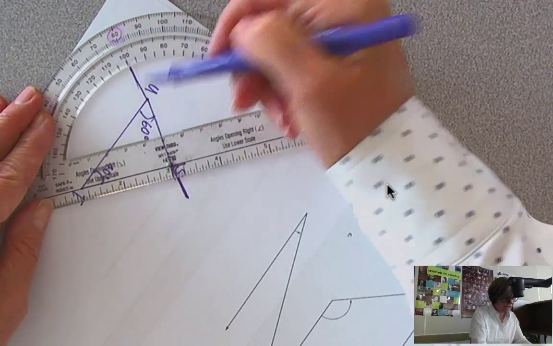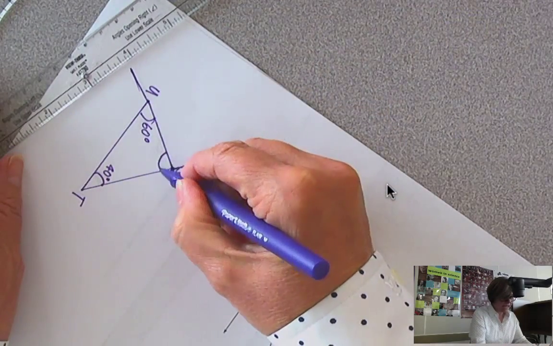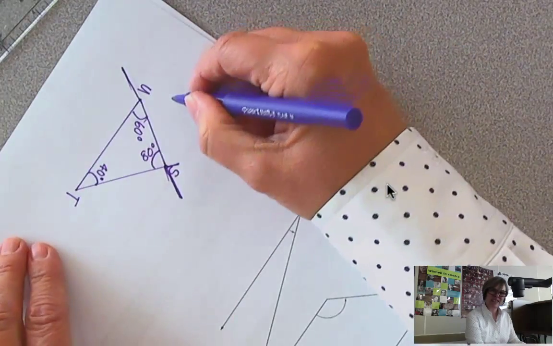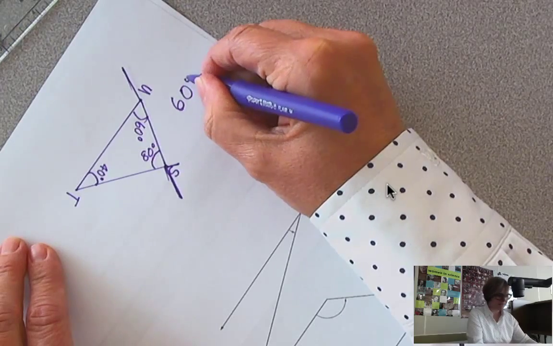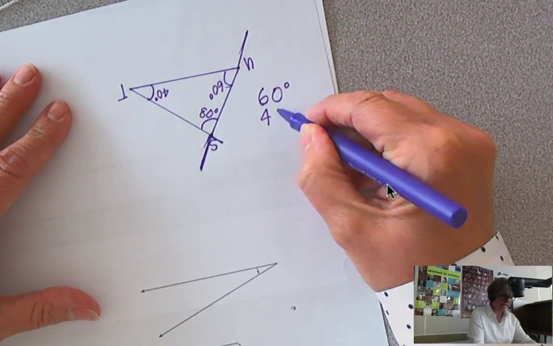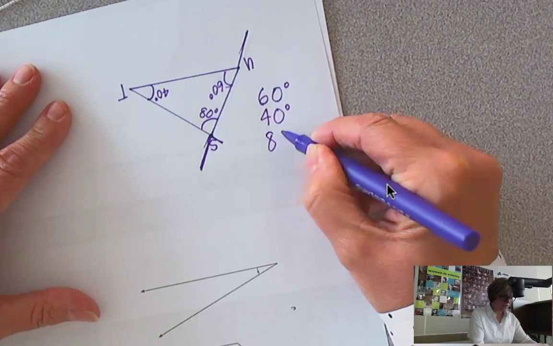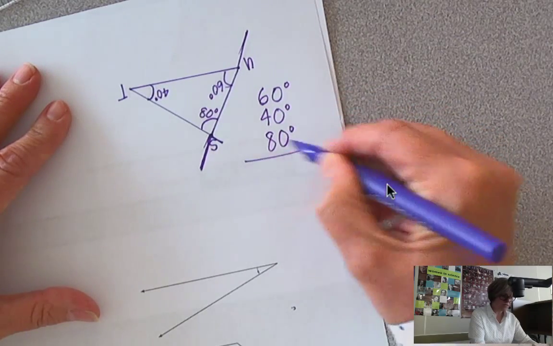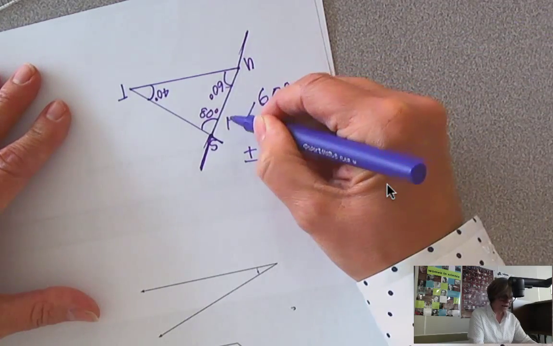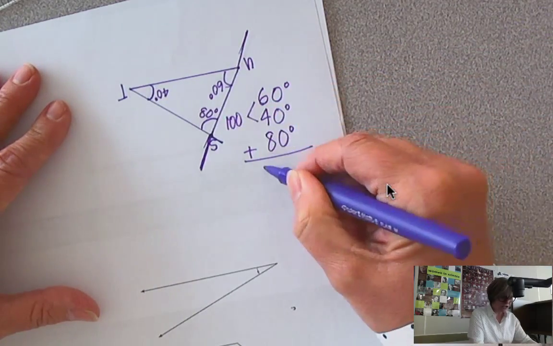Now if we have 60 degrees, let me turn it this way, and we have 40 degrees, and we have 80 degrees. Right away I know that 40 and 60 make 100, plus 80 more is 180 degrees.